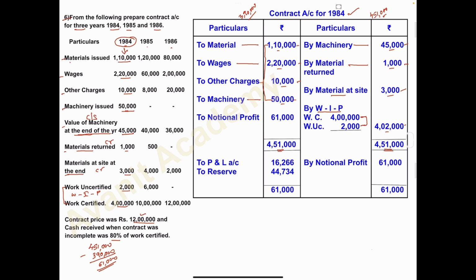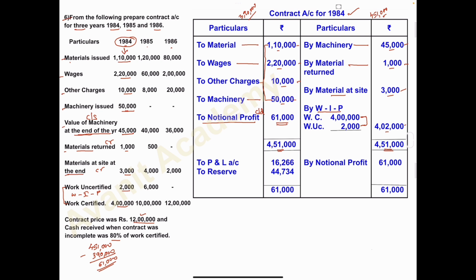So this 61,000 is called to notional profit carried down. Understood? This is called to notional profit carried down.